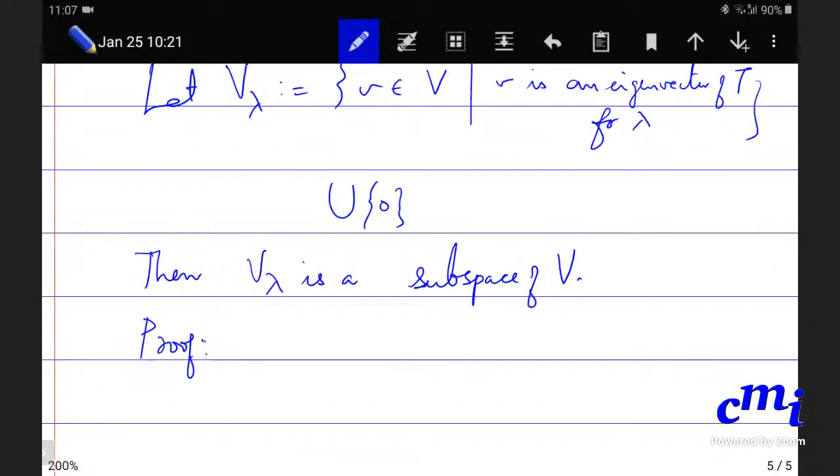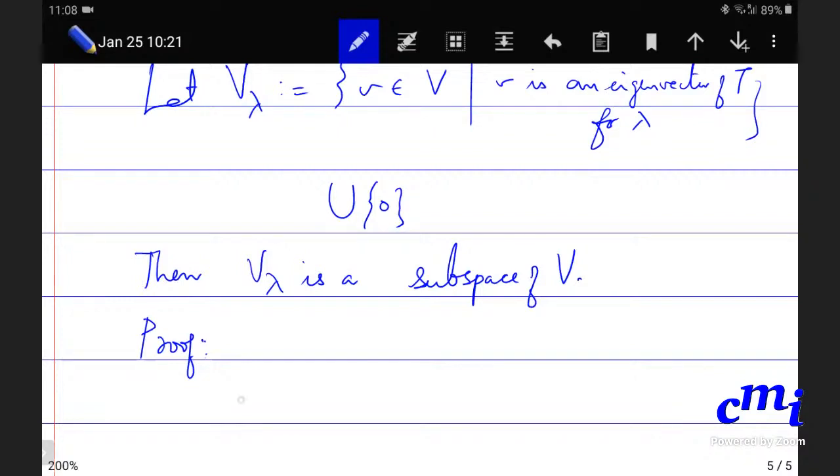Linear combinations means we take finitely many elements from here, apply scalars, and then take the sum. If you apply T to such a thing, it would just be scaling by lambda. That's what is being asserted: a linear combination of eigenvectors for the same eigenvalue is also an eigenvector for that eigenvalue.